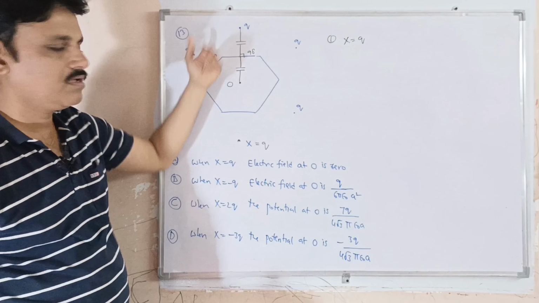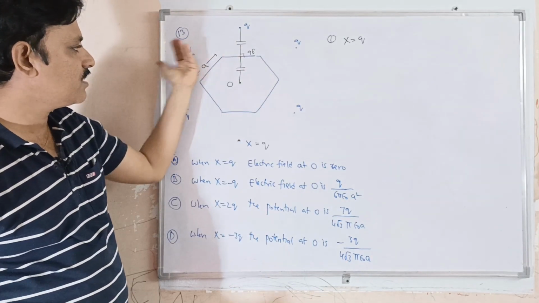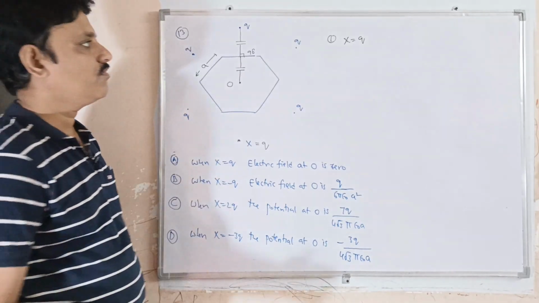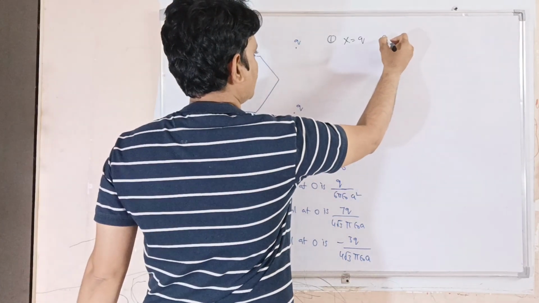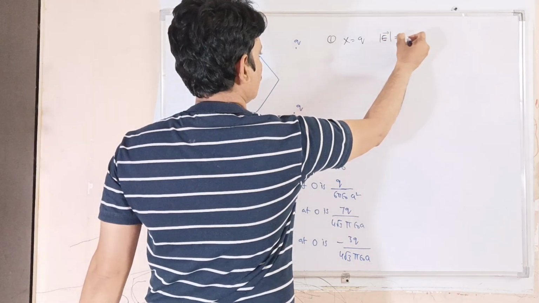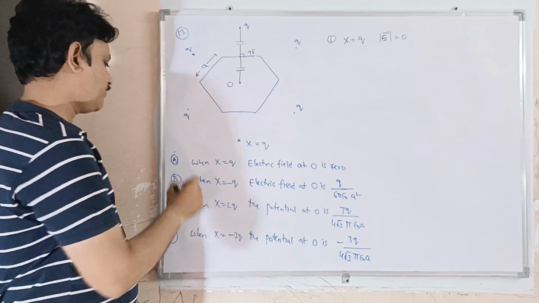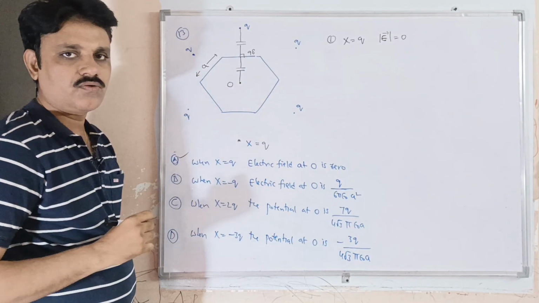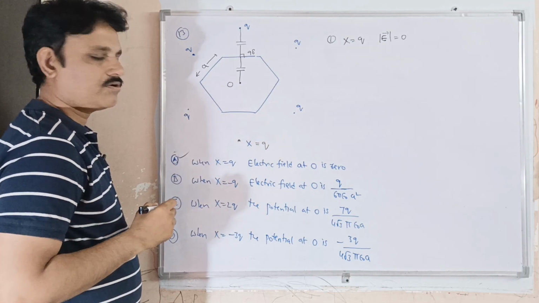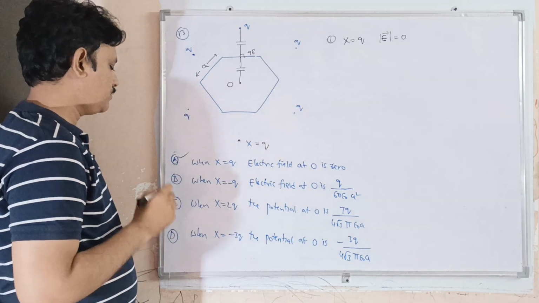These two electric fields will cancel each other, and these two electric fields will cancel each other. Finally, the magnitude of electric field at center O is equal to 0. This is the first option, that is the right one. So when x is equal to q, the magnitude of electric field at O is equal to 0.